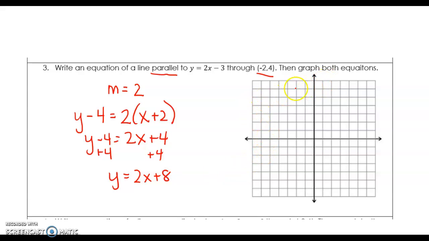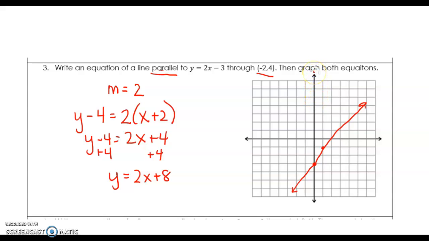So then I need to graph both equations. Now when I graph it, they better be parallel to each other. So I've got minus 3, up 2 over 1. So this is going to be my first line, my original line. Now let's graph 2x plus 8. 6, 7.